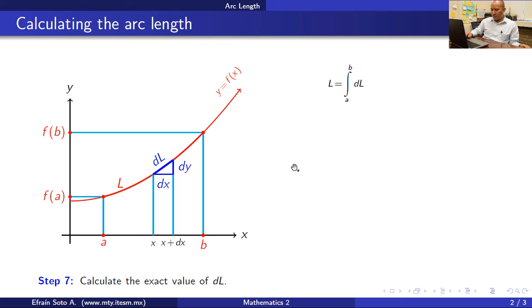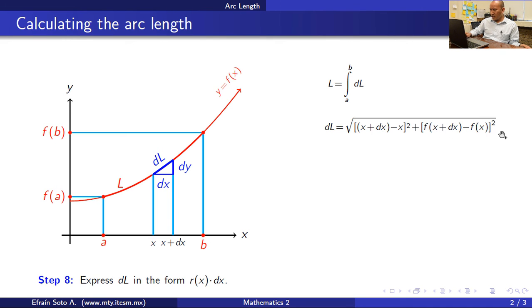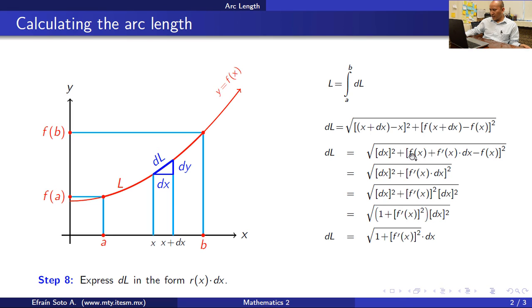So from the Pythagorean theorem, dL will be the square root of dx squared plus dy squared. This part is dy. So f of x plus dx is equal to f of x plus f prime of x times dx, and this minus f of x was here.